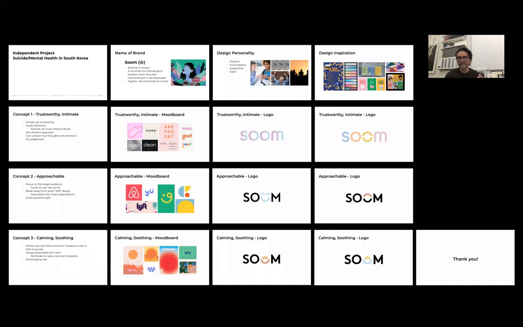Having different concepts gives you a chance to target your design towards a different age or kind of audience member, or towards a different aspect of your brand. So look at the variations in your concept as ways of saying, maybe the brand could be more about the cause and much more serious, or maybe the brand could take a different approach and be more friendly and approachable and bring somebody in because of some kind of positive values.